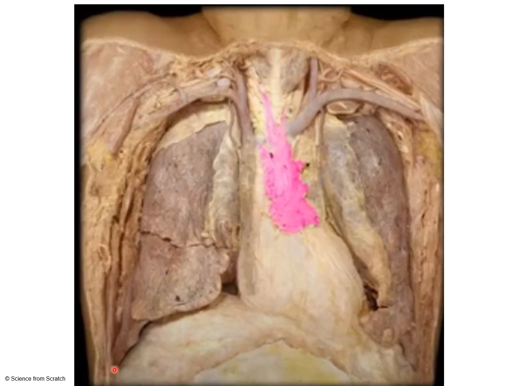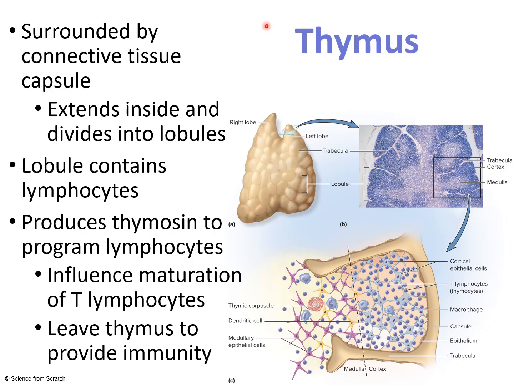And so this is the picture of the thymus on a cadaver. You can see here is the heart, and it is located right behind the sternum, just above the heart. So the thymus is a bilobed gland, and it will have a connective tissue surrounding it called the capsule.